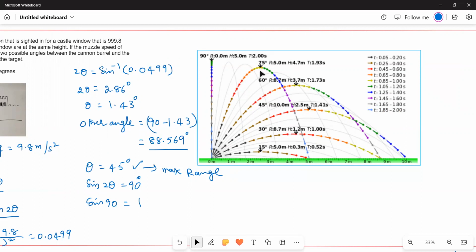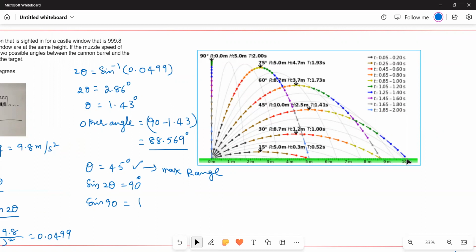Okay. And when you take 45 degrees, this is the 45 degrees line. For 45 degrees, the range is 10 meters. Horizontal displacement is 10 meters and vertical displacement is 2.5 meters. Now suppose you take 30 degrees, the horizontal displacement is less than at 45 degrees.